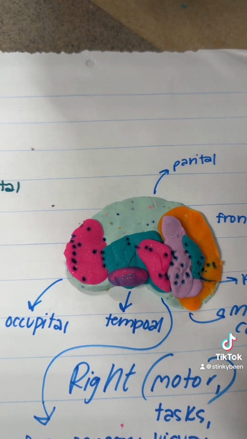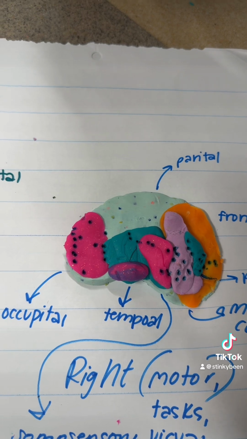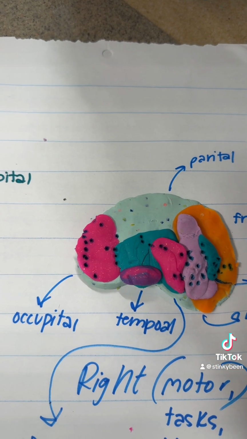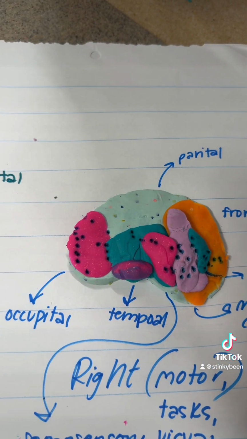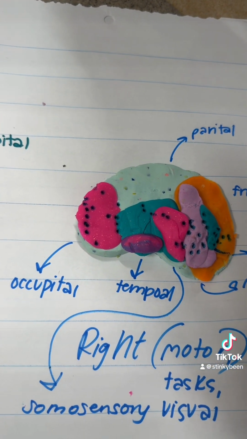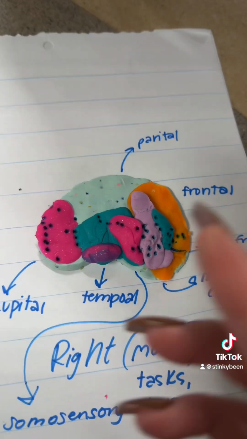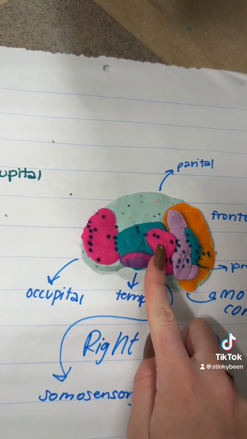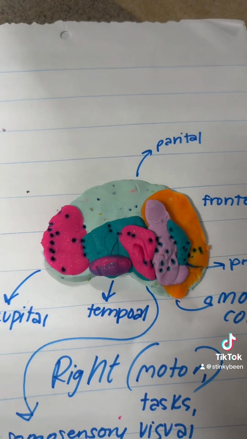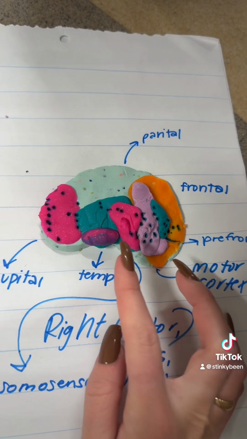A part of the parietal lobe is the somatosensory cortex, which is the main part of that lobe that relays the information on touch, temperature, and how people process that. It's located right here, right behind the motor cortex. They also play into each other.